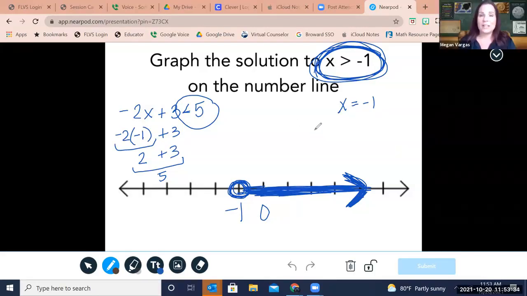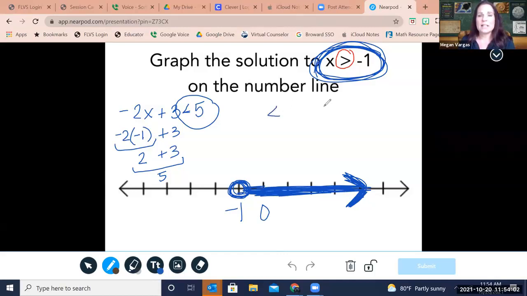Now, if it had said x is greater than or equal to, right? See the difference here? This is just greater than, this is greater than or equal to, then we would have wanted to shade this in completely. But it didn't say that. It just said greater than. So here's what I want you to take note of after you've copied that down.